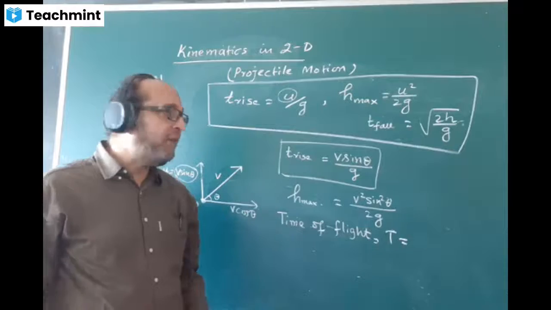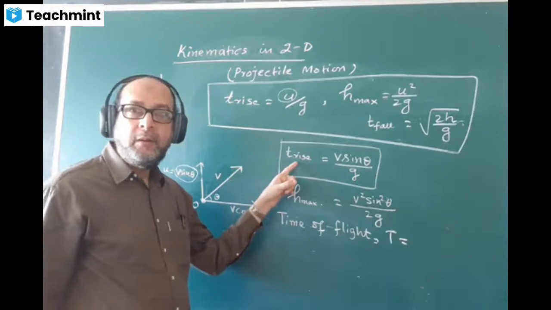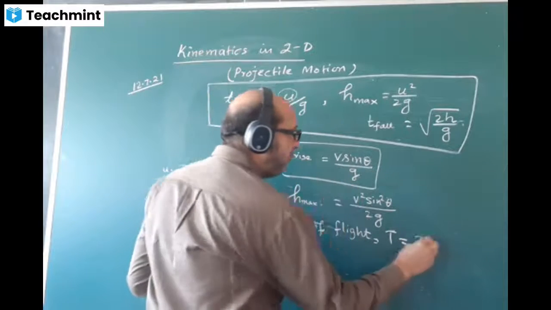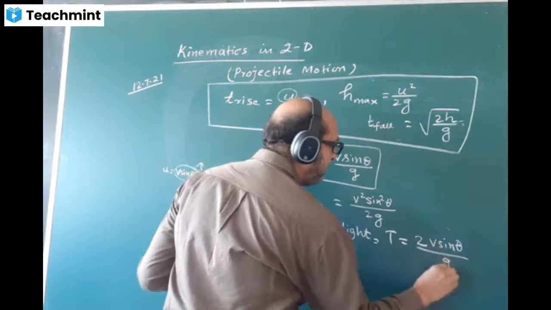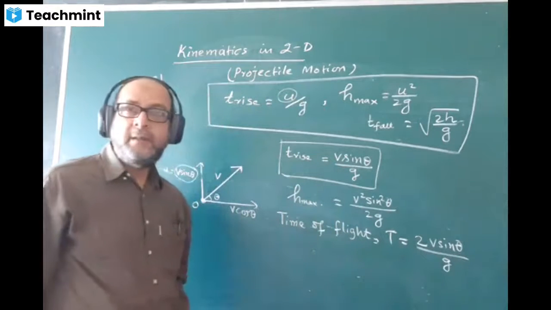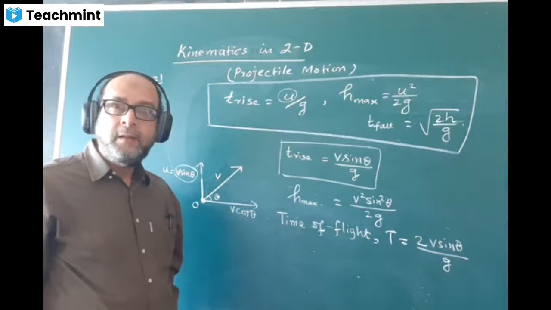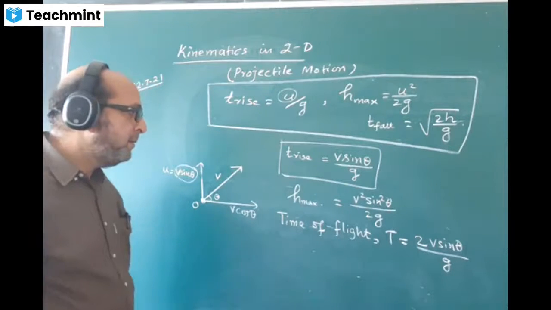The time of flight will be 2 times the time of rise, so 2 into v sin theta by g, which is 2v sin theta by g. This is the formula of time of flight. Have you understood?